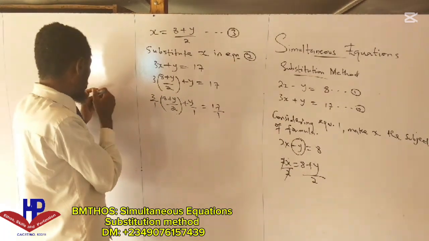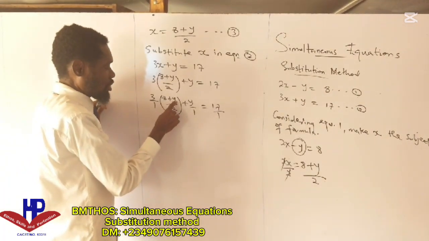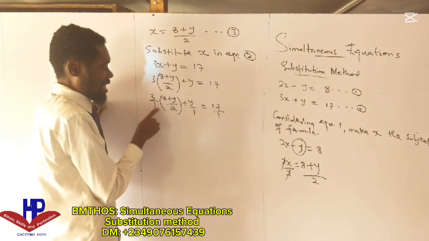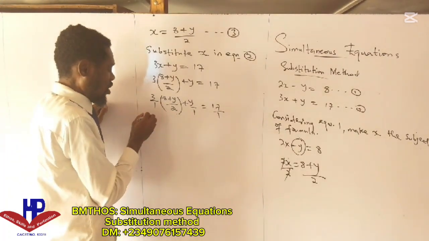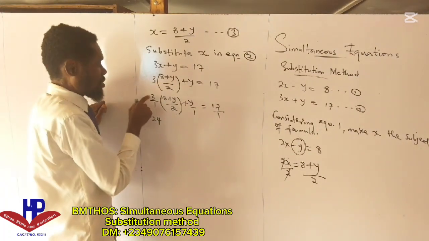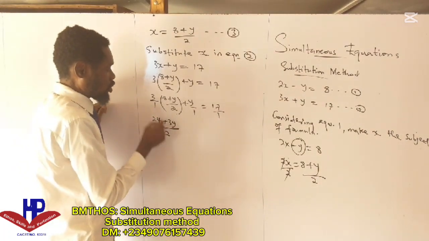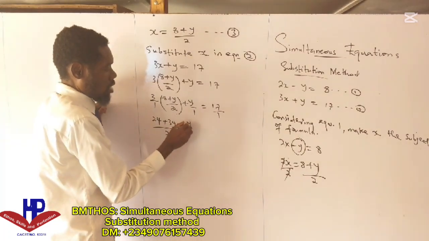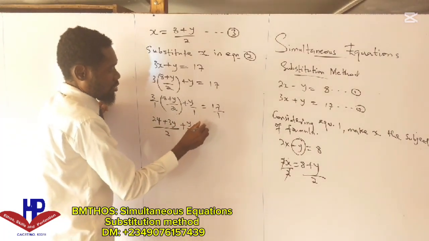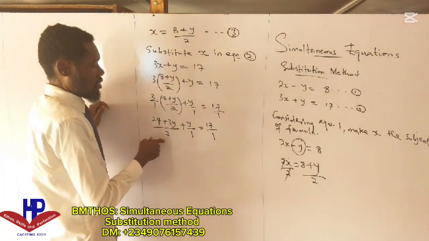The numerator multiplies everything we have here as numerator, and the denominator multiplies everything we have here. So 3 times 8 will give us 24, and 3 times y will give us plus 3y, all over 2. 1 times 2 is 2, plus y over 1 is equal to 17 over 1. These are fractions.